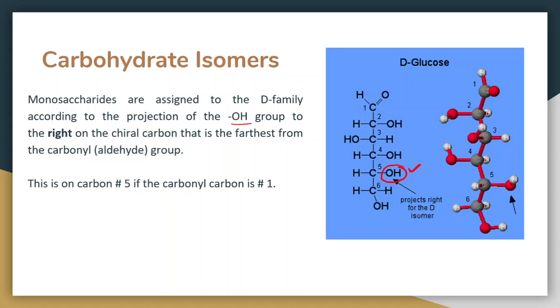Over here it is on the right side, so it is D, and carbon 1 contains the carbonyl group. This is the D isomer, and this is the chiral carbon. Carbon number 6 is not chiral, so we are not considering it. We consider only carbon number 5, C5, because it is the last chiral center carbon.